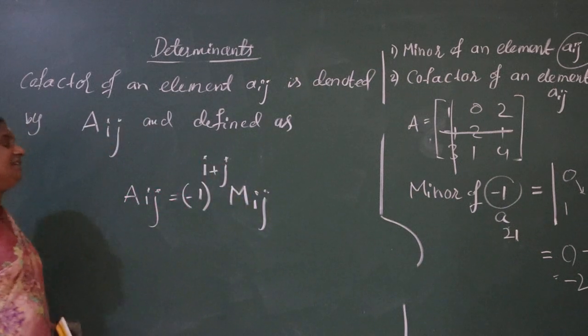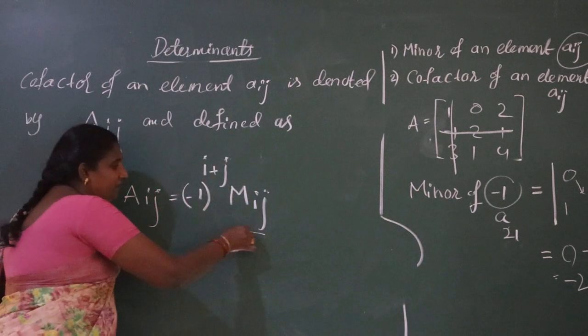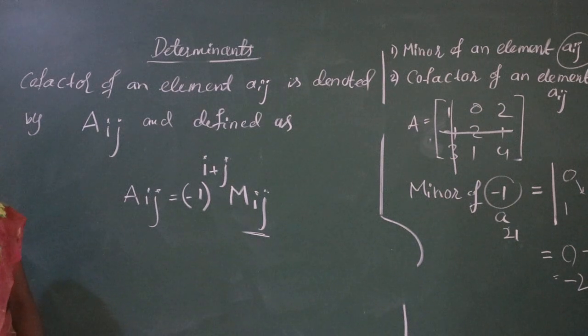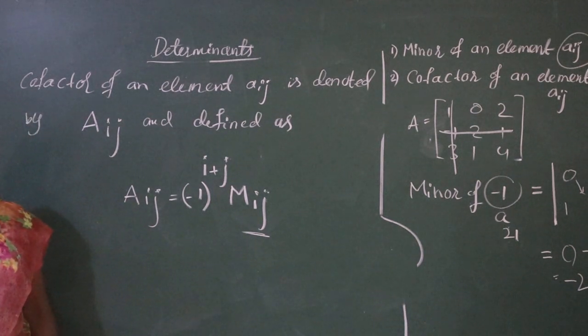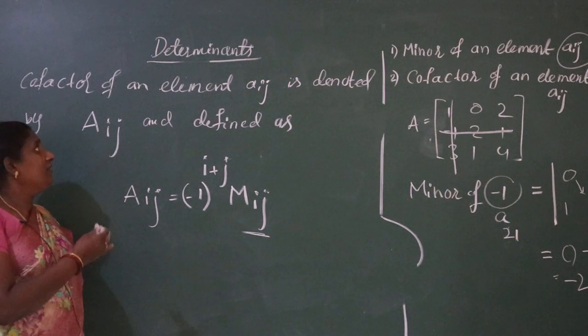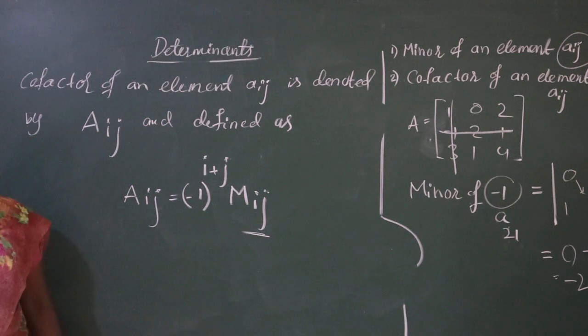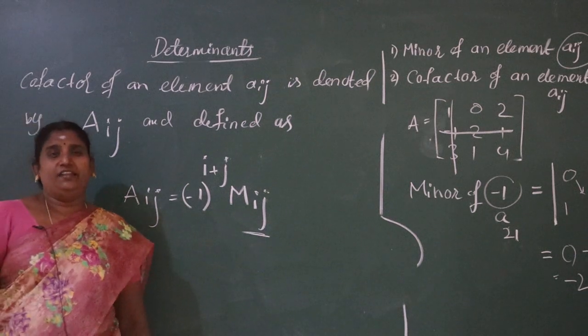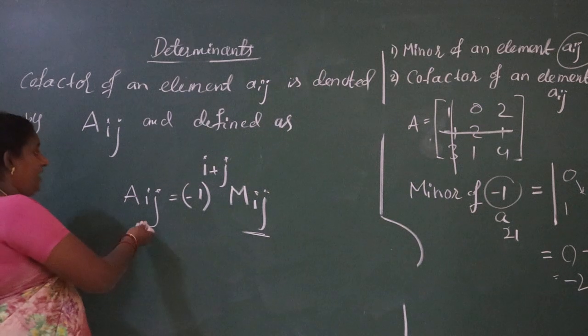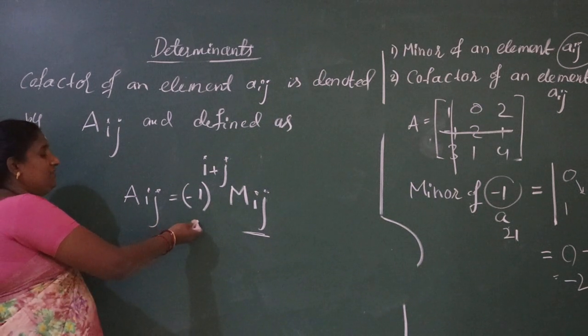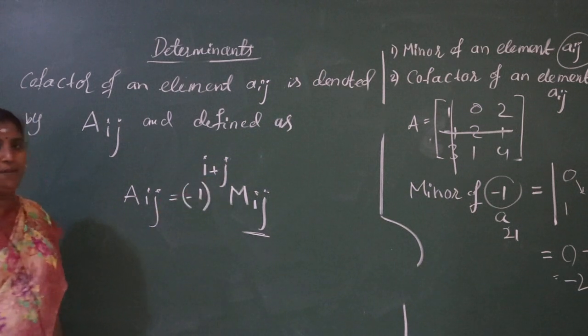Mij is what here? That we discussed already earlier. Mij is the minor of the element. For finding the cofactor of an element, we compulsorily should know about the minor of an element also. So the cofactor of an element Aij equals minus 1 whole power i plus j into Mij.